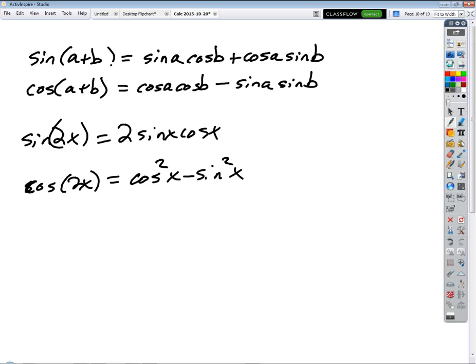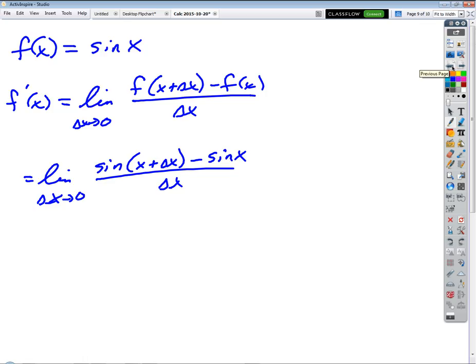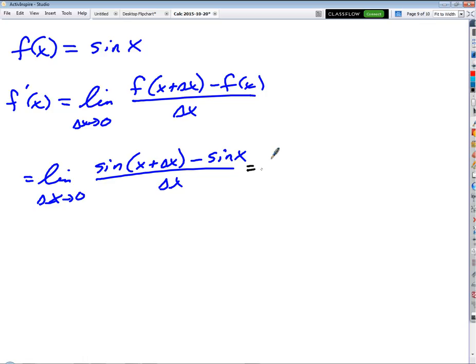So let's go back and finish this problem up then. So this is going to become the limit of sine x cosine delta x, right?